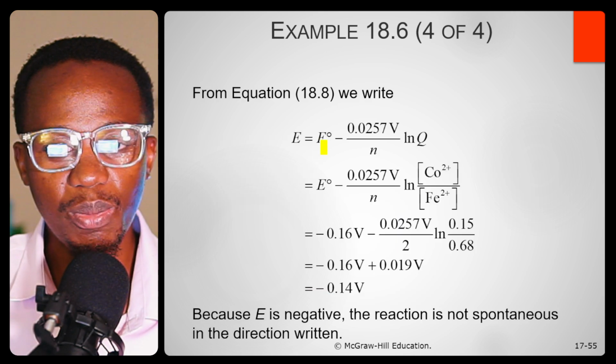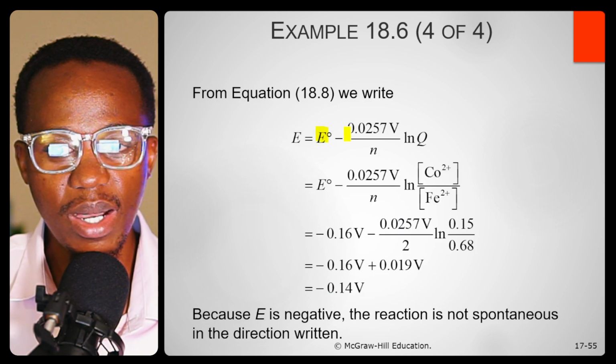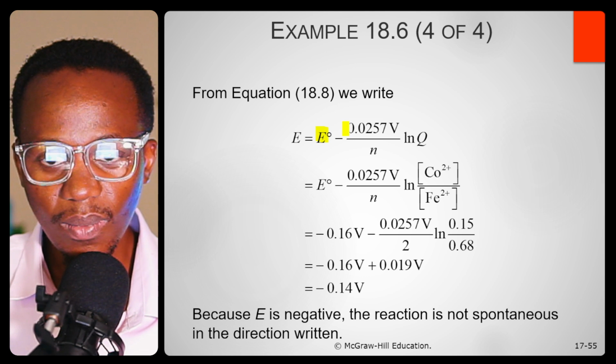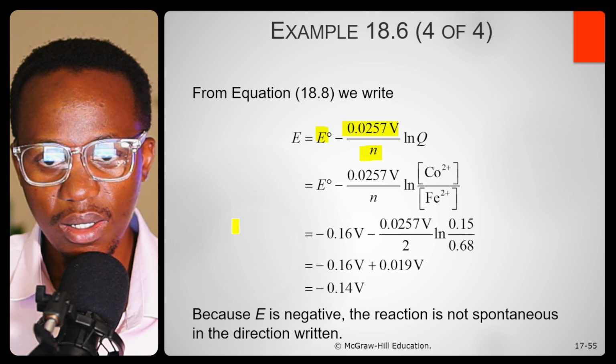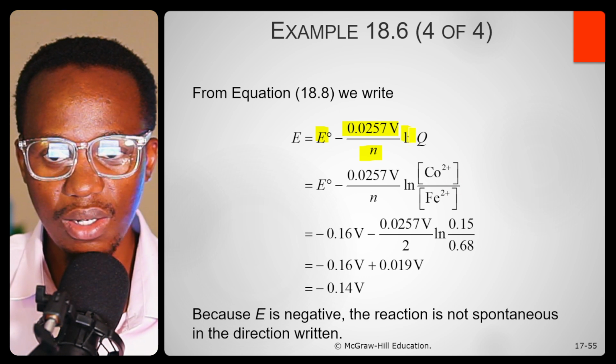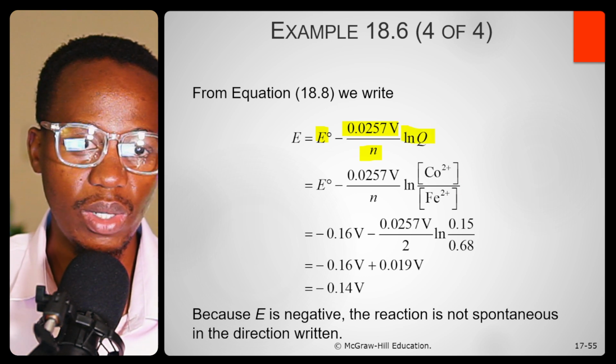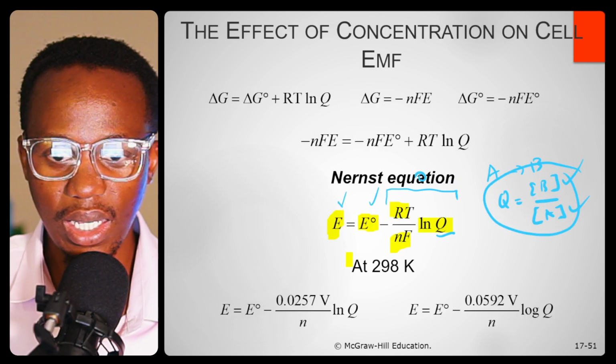So it's going to be equal to E minus the voltage over N times ln of Q, right? So this is another way to write down the Nernst equation.